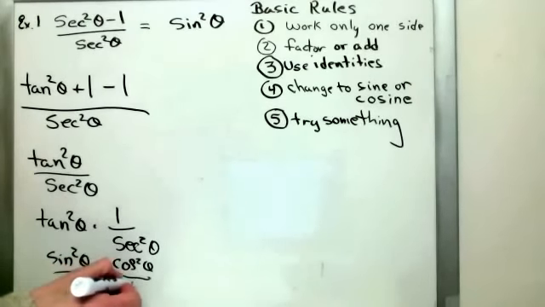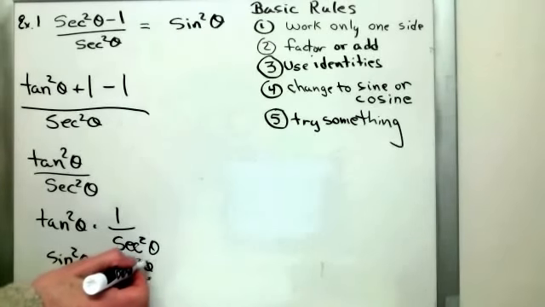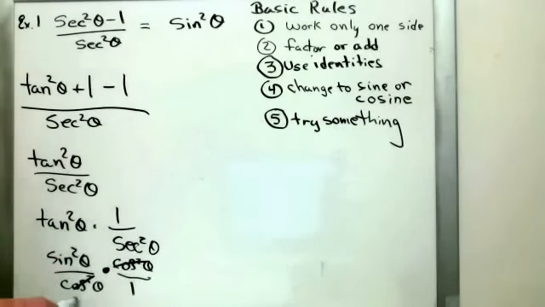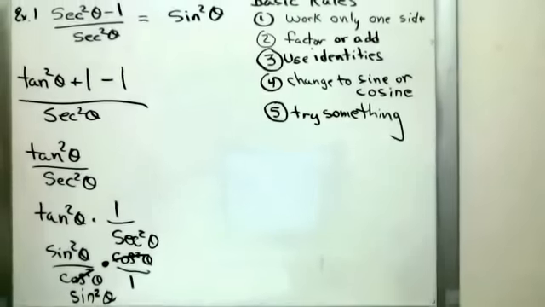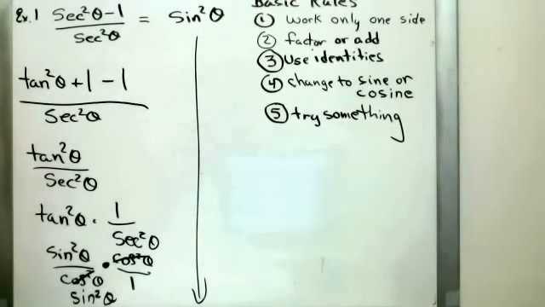So I'll make that cosine squared theta over 1. Oh man, you see what's going to happen here? Cosines are going to cancel out. Final answer, sine squared theta. Can you see that down there? And that's what I was trying to get. Boom, got it done. All right, I'm going to do one more example of this problem a second way.